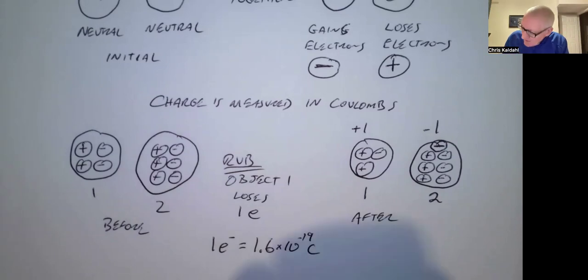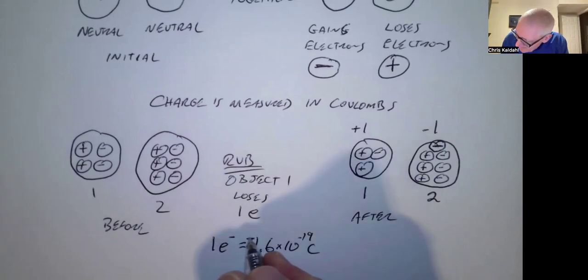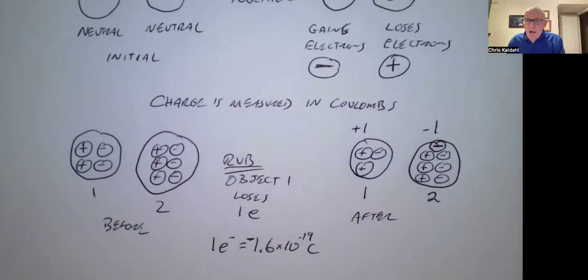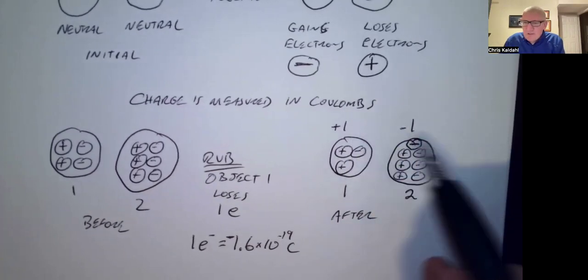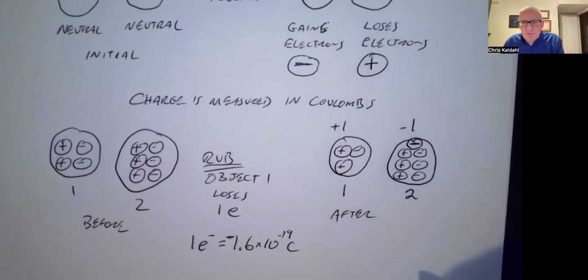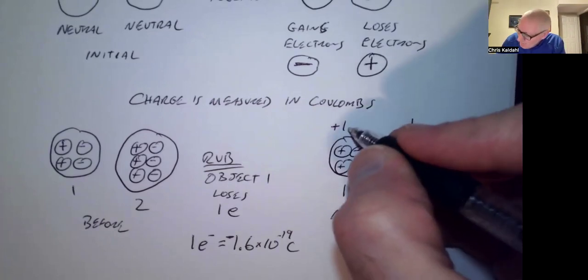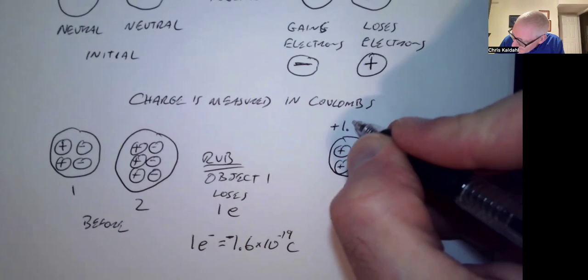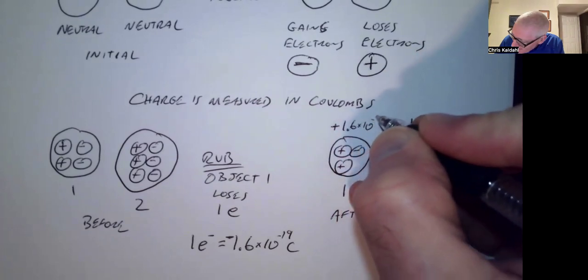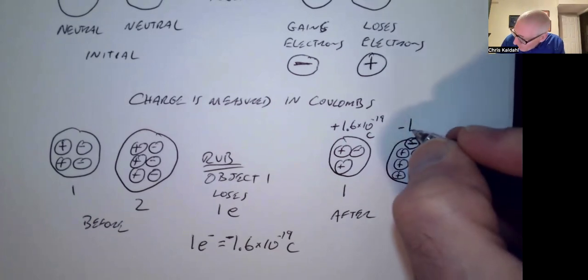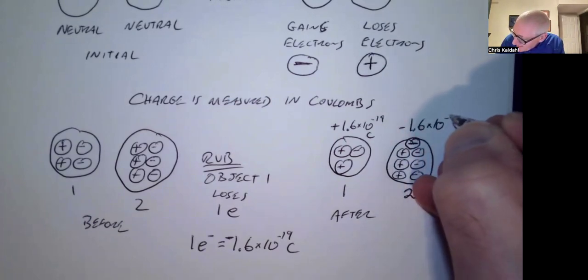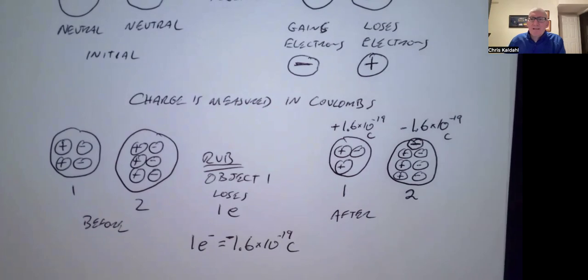And because an electron is negative, we remember that that's a negative 1.6. So if I wanted to actually write the true answer, because +1 -1 is a little bit of an oversimplification, this would be plus 1.6 times 10 to the negative 19th coulomb. And this would be minus 1.6 times 10 to the negative 19th coulomb.